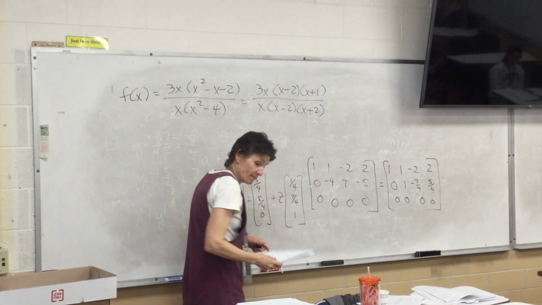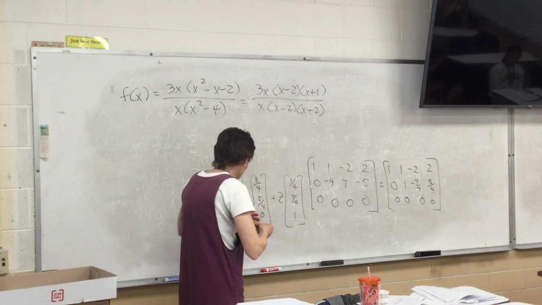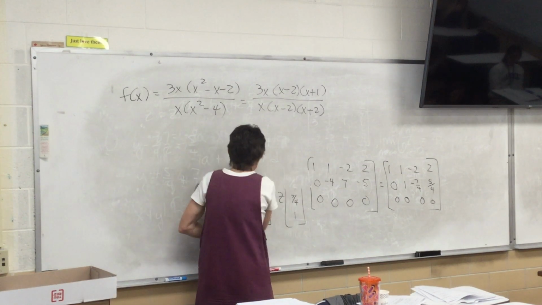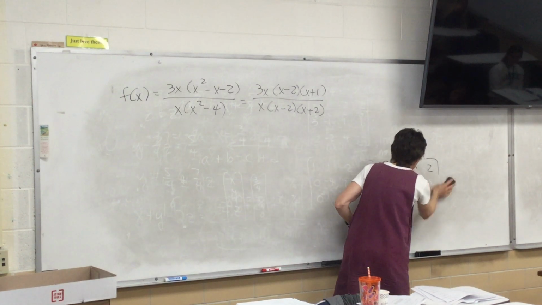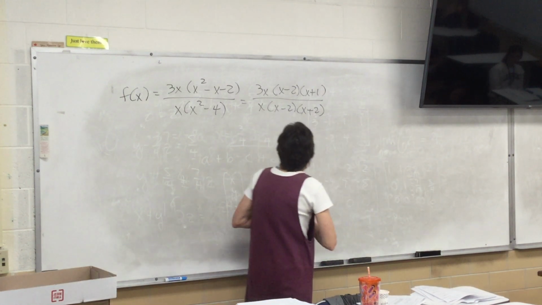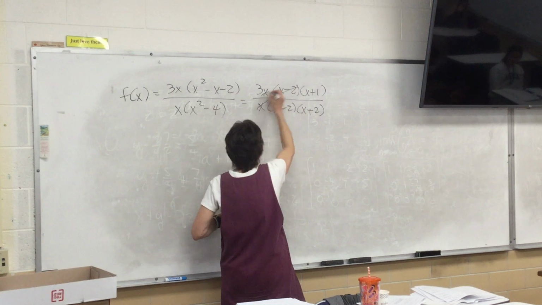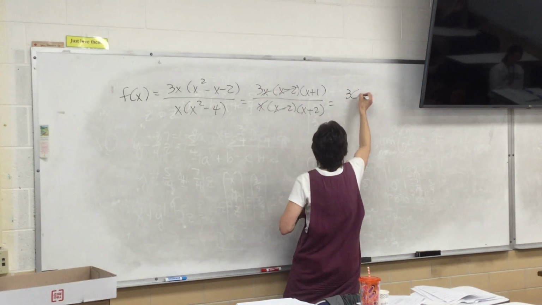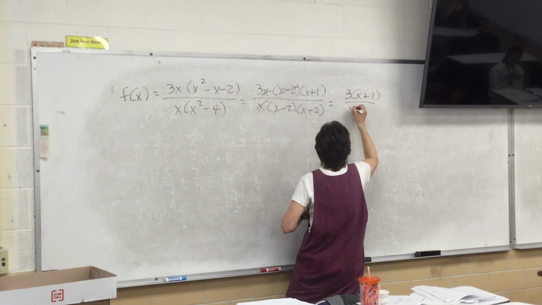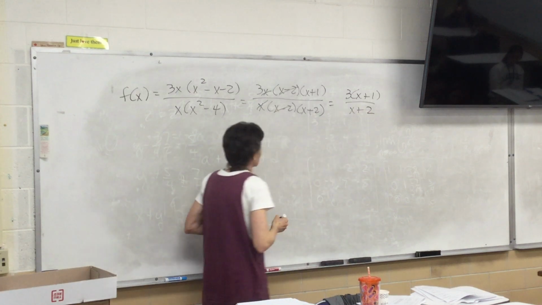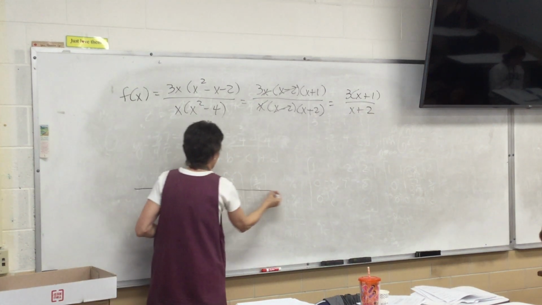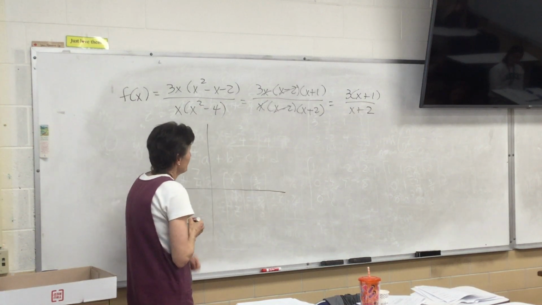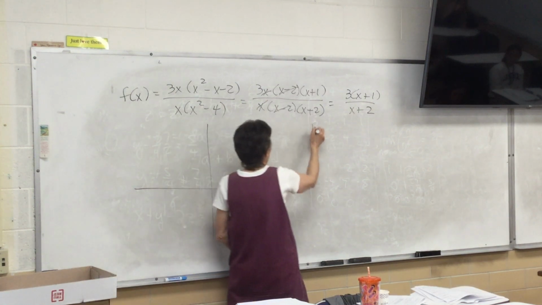And one of the reasons I factor is so that I can see if anything cancels out, and a whole bunch of stuff cancels out. So I'm going to be left with just 3x plus 1 over x plus 2. But the fact that I have canceled out two things means I'm going to have a couple of holes, aren't I?